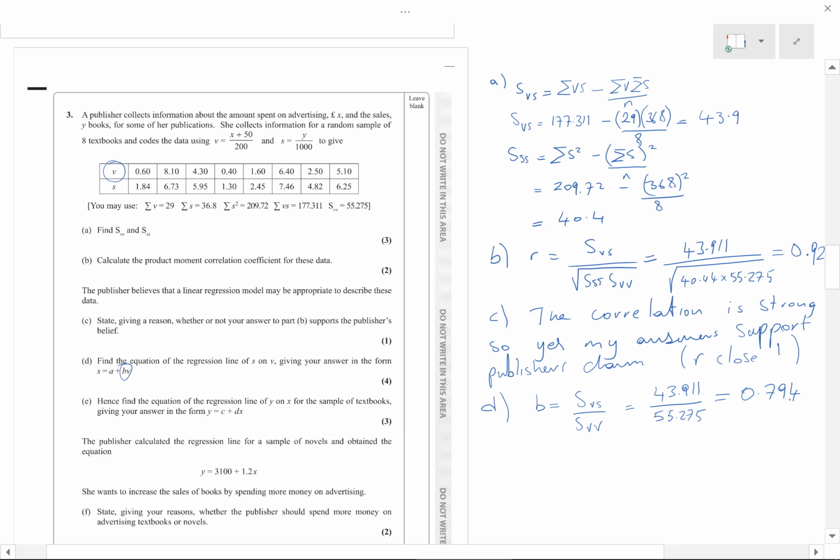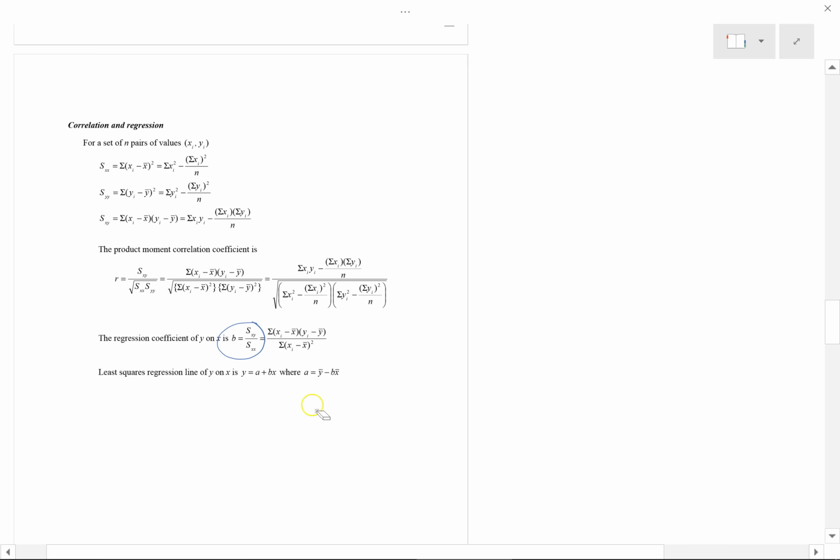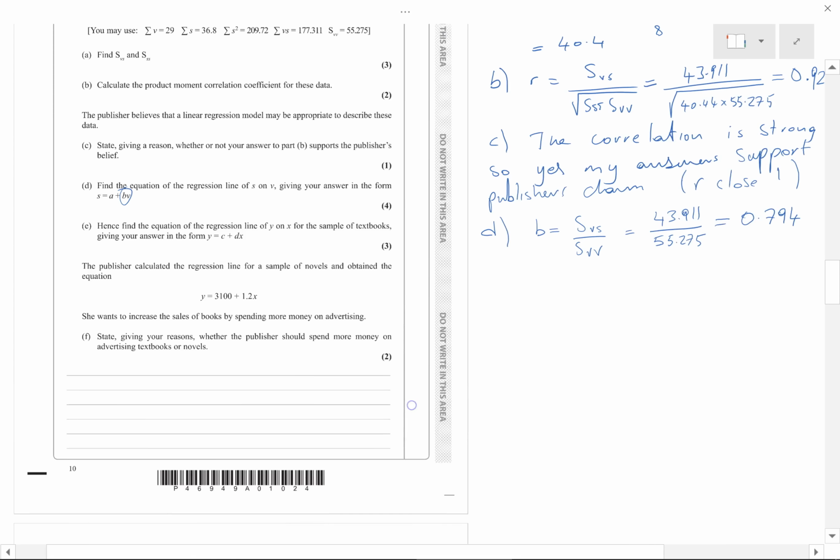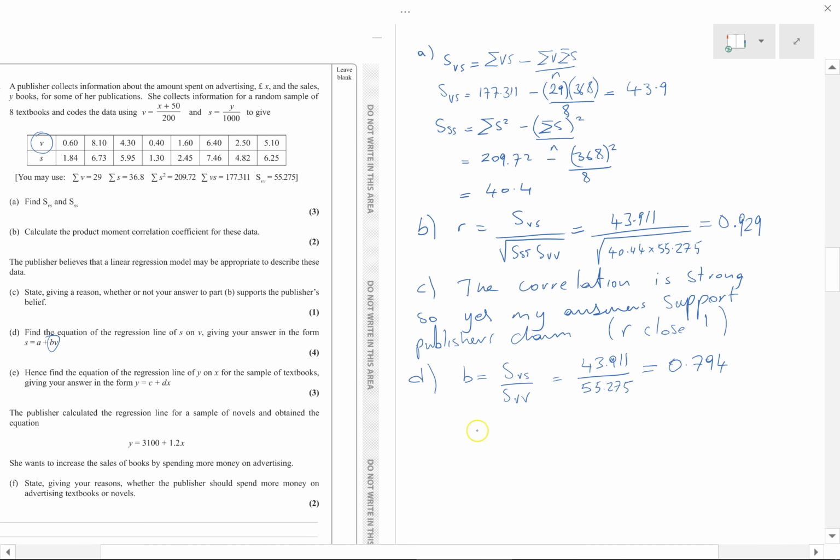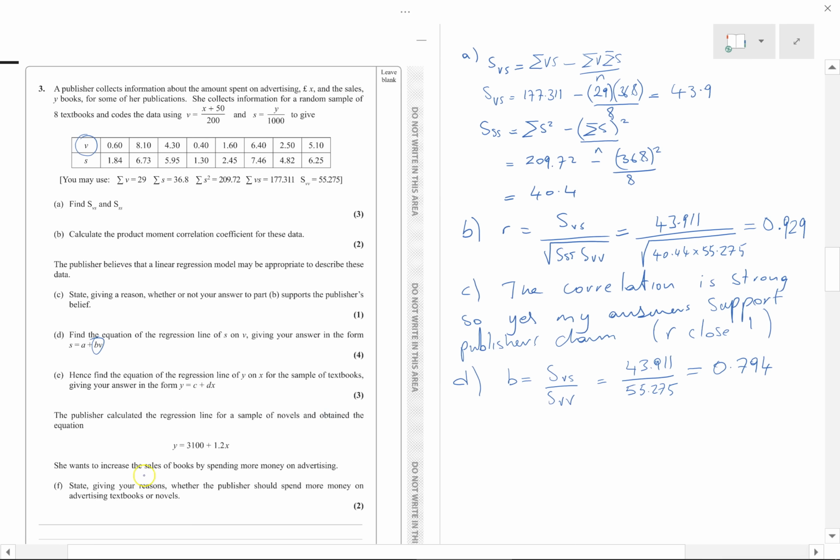Now there is a formula to work out the A as well, which you might choose to use. I'm not in the habit of using it, so I'm not going to here, because it's pretty obvious how it works. We have S bar is equal to A plus B V bar, because our regression line has to go through the mean point. That's one point on our line.